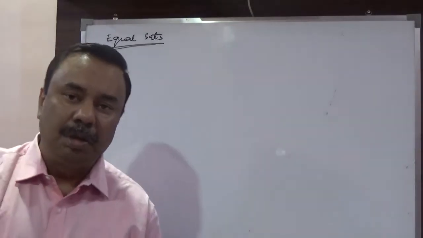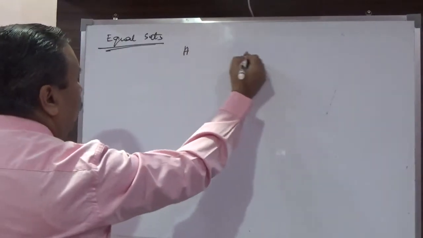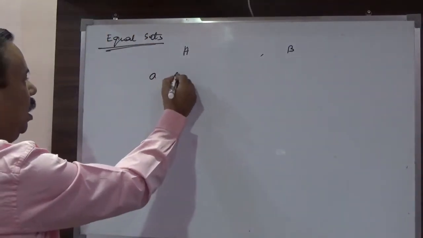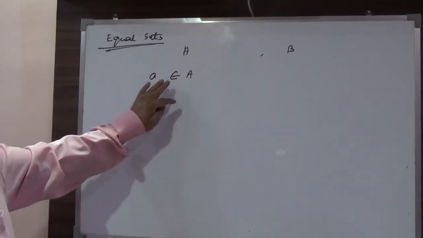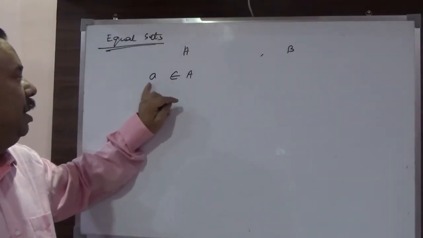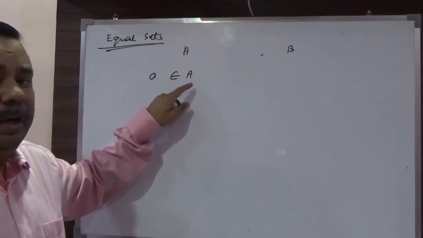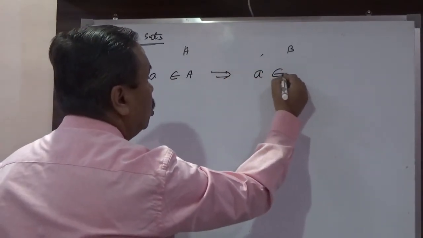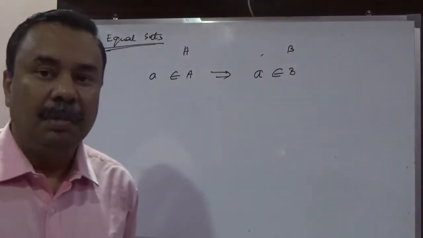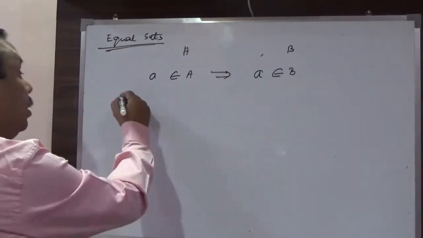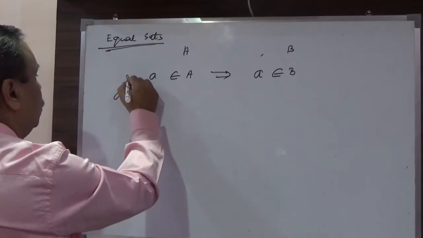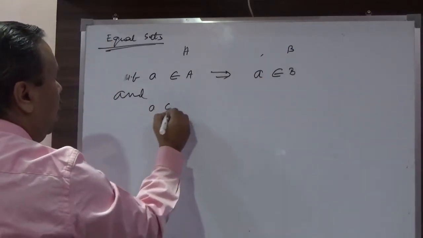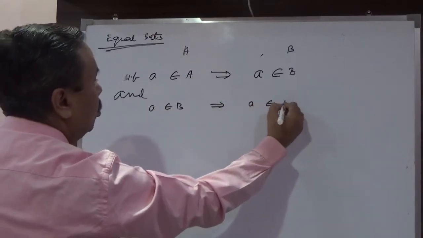So if there is one set A and one set B, and if there is an element a which belongs to A, this epsilon represents that it belongs to A. That means this small a is a member of A, or an element of A. If this implies that a is also a member of B, and if a belongs to B, then it means that a also belongs to A, vice versa.